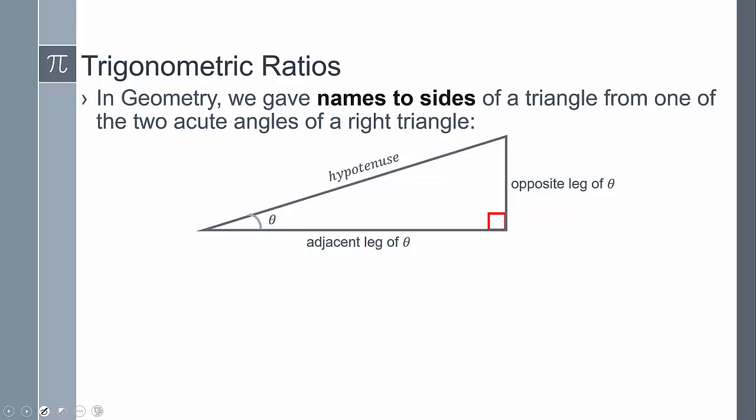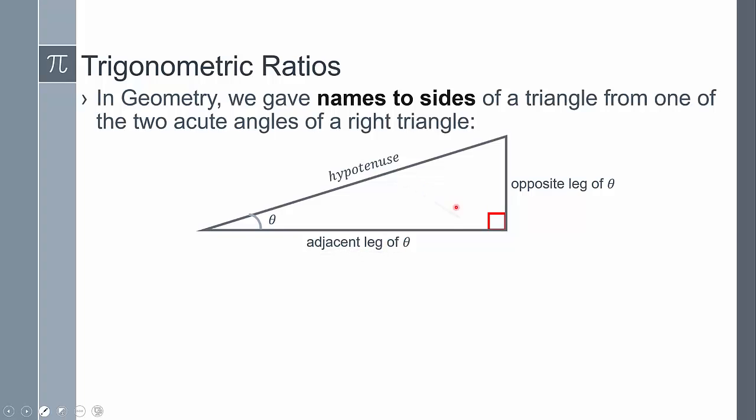So in geometry, we gave names to the sides of a triangle from one of the two acute angles in a right triangle. So for example, and this is a very beautiful right triangle, if I do say so myself, if this is the angle that we're referencing here, that means from this angle, this is the side that's opposite to that angle, and this is the side that's adjacent to that angle.